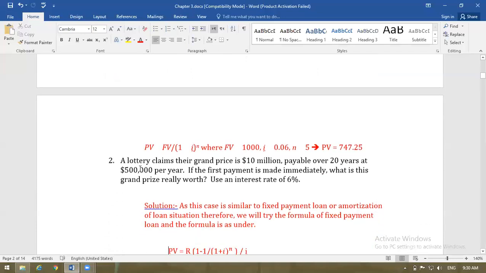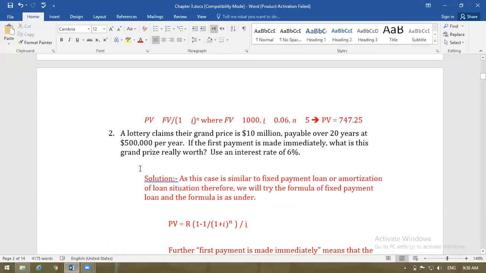Question 2. A lottery claims that their grand prize is 10 million, payable over 20 years at 5 lakh per year.